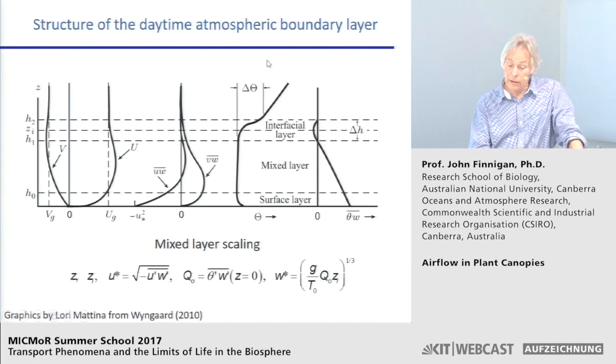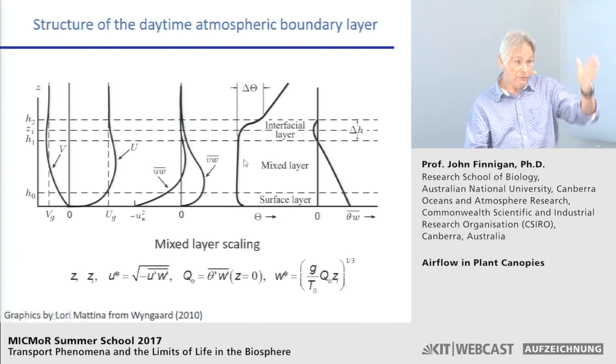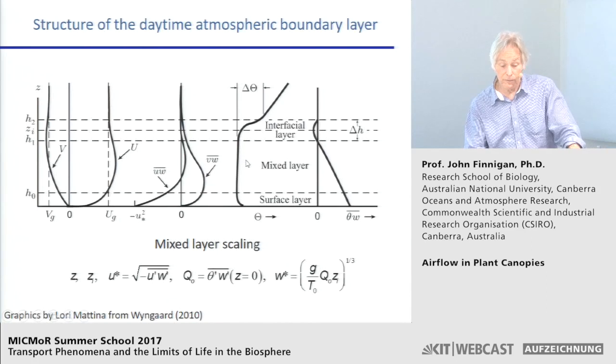The temperature increases with height in the troposphere, so it's stable. The surface gets heated by the sun, and the temperature then drops as you go higher, so it gets more dense. So we have an unstable layer near the surface. Then the eddies are so energetic in this mixed layer that any variation in temperature with height gets mixed out.